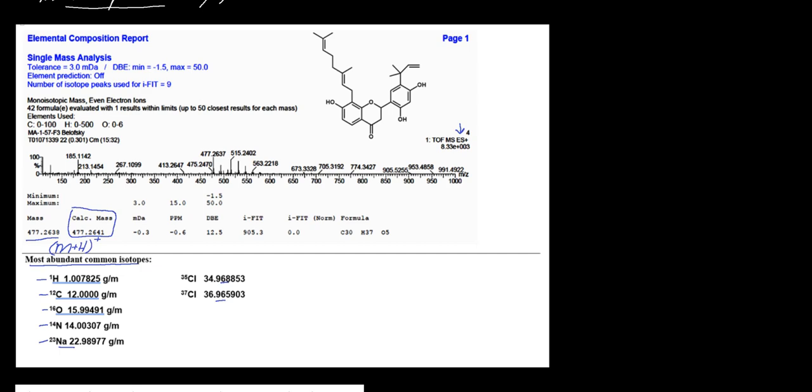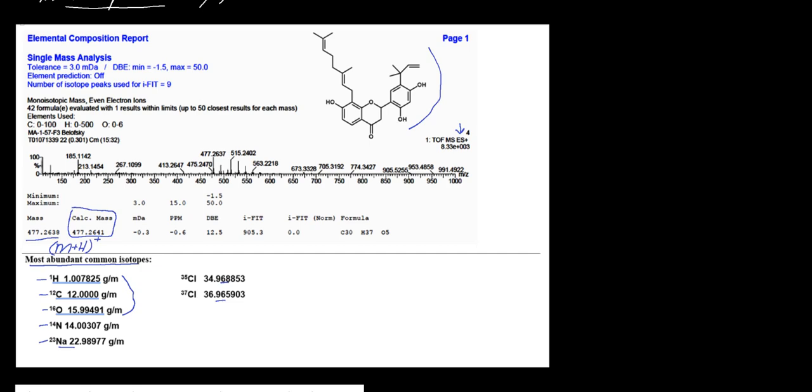Okay, so if you want to arrive at this 477.2641 number, you would add up the atoms of this molecule, doing the math on the oxygens, carbons, and hydrogens, which is all that's there, and adding up these numbers for all the carbons, hydrogens, so 30 carbons times the exact number 12, 36 hydrogens, not counting the extra one that appeared.